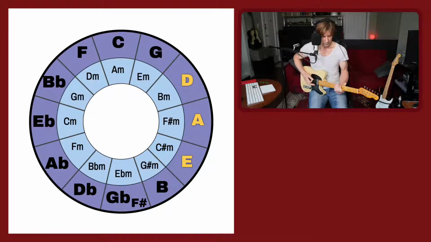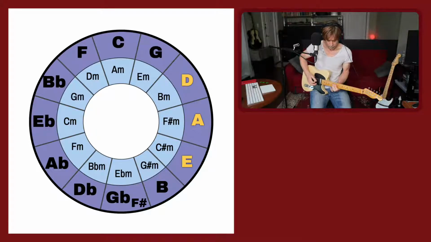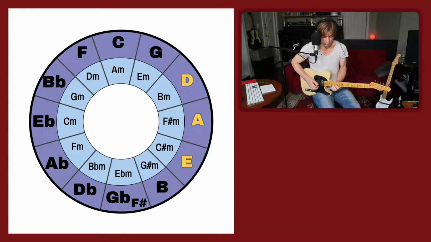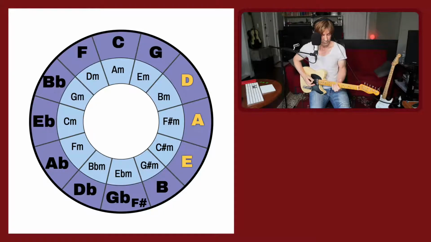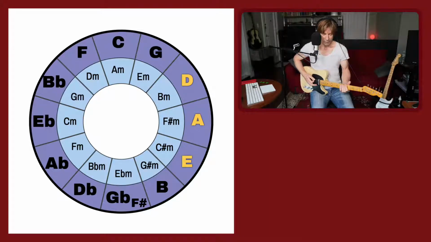So we got C. Go back to C. And A minor. I missed it. I missed the loop.